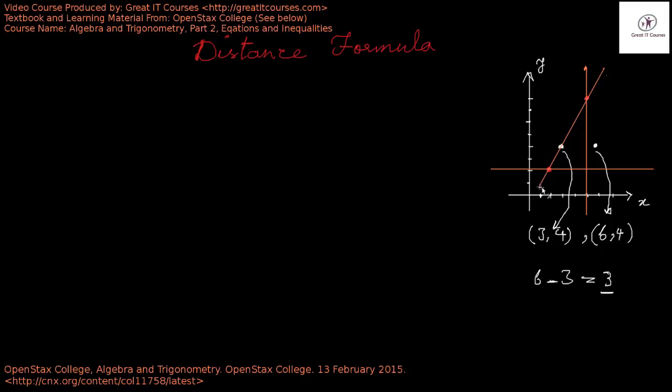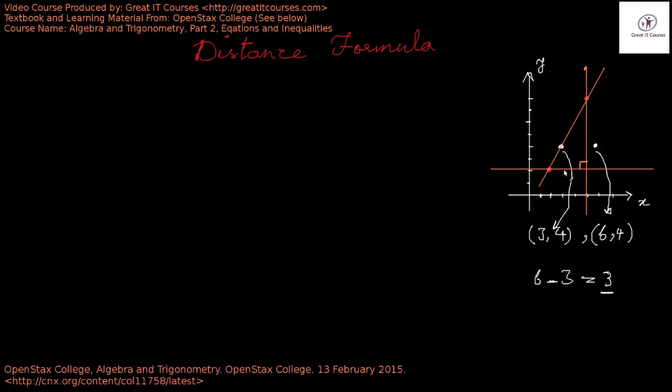So now, as you can see over here, I have formed basically a triangle, and this triangle has a right angle over here, with this side and this side.